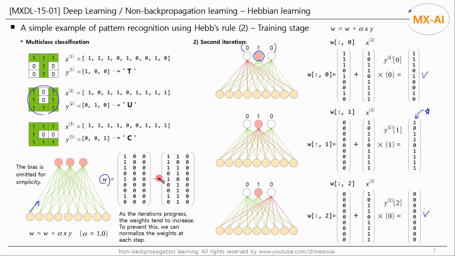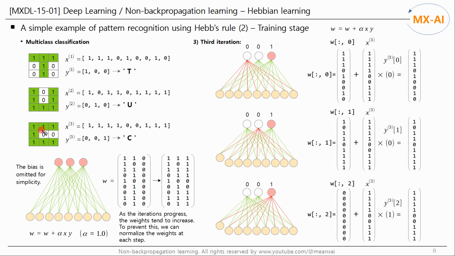The weights are updated as follows. Finally, we input the third pattern into the network to update the weights. The weights are finally updated as follows.